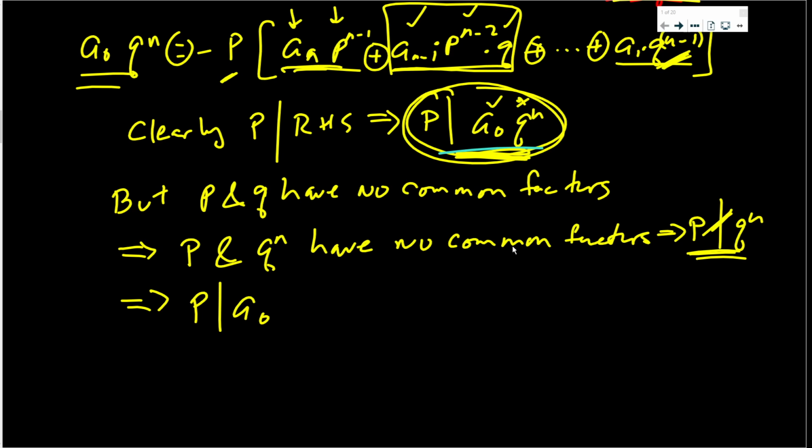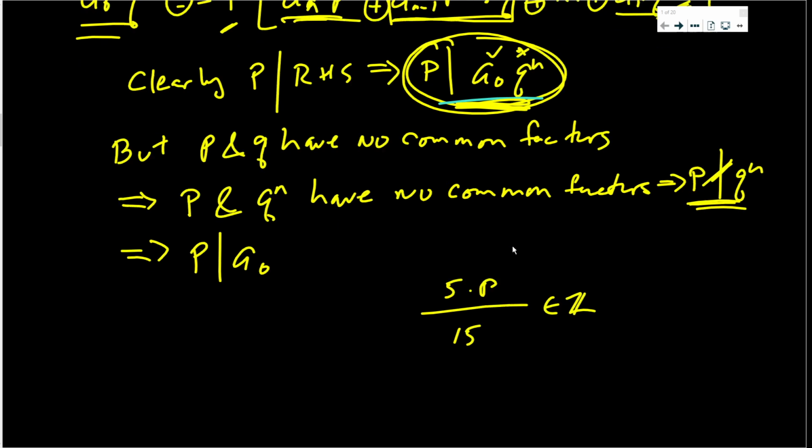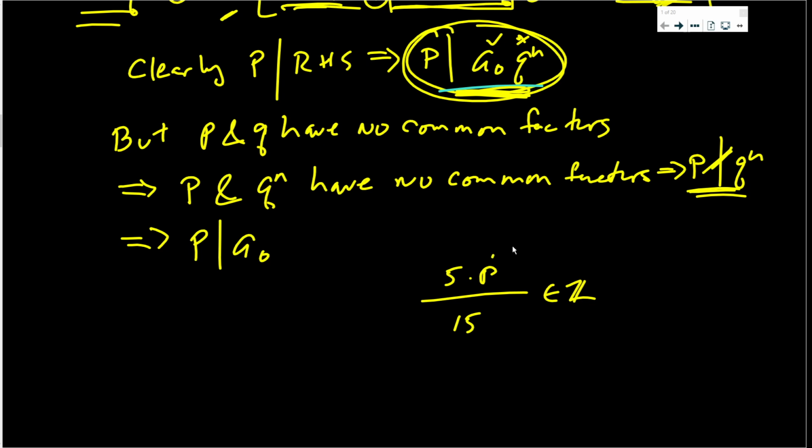Now, just want to be crystal clear about this. If you have 15 into 5 times p, and I tell you that this is an integer, now, it might be that p is 30 and 15 goes into 30 2 times, and the answer is 10. That is a possibility.